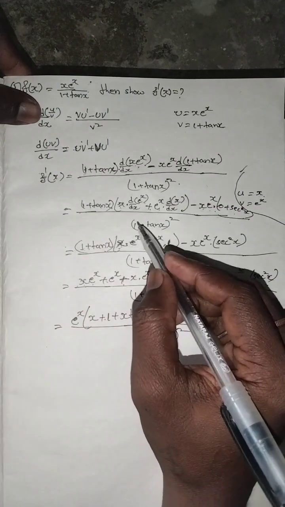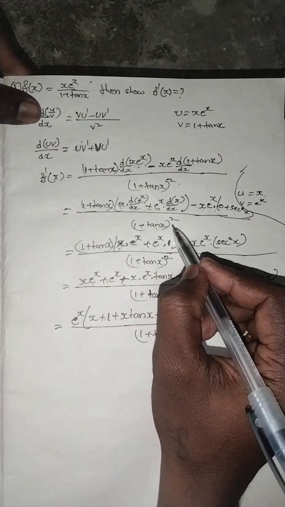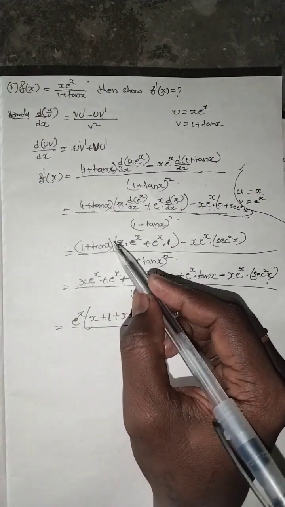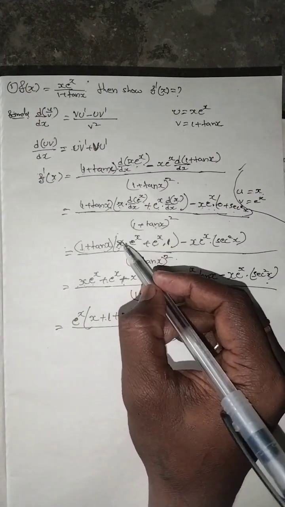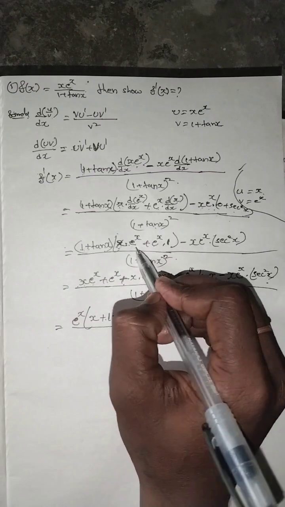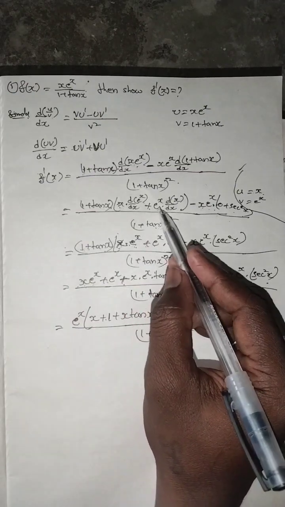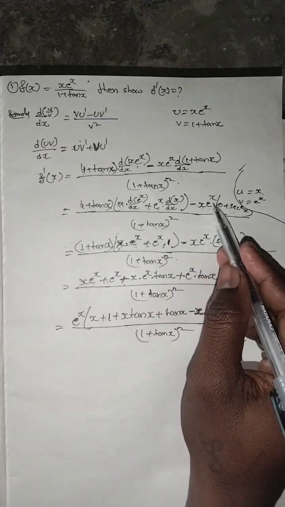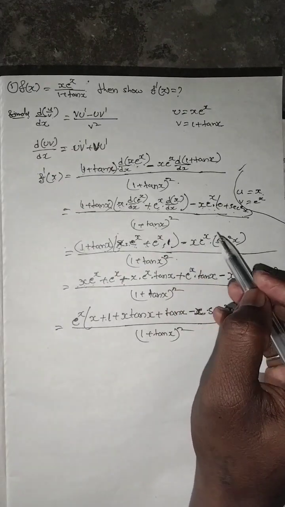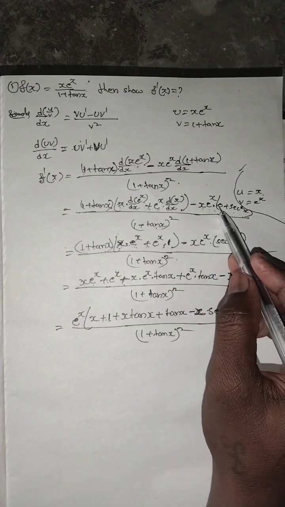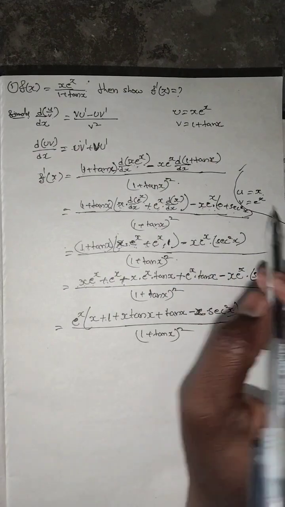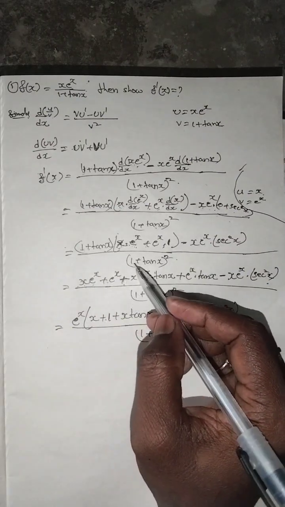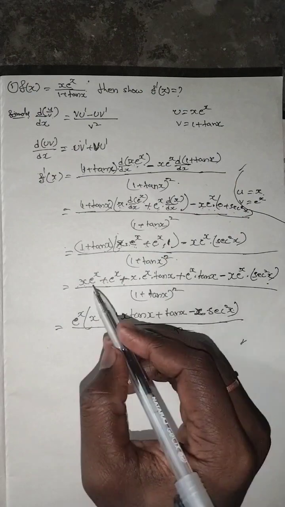Then 1 plus tan x whole square equal to 1 plus tan x into bracket x into the derivative of e power x, which is e power x, plus e power x into the derivative of x, which is 1, minus x e power x into (0 plus sec square x), which is sec square x, by 1 plus tan x whole square.